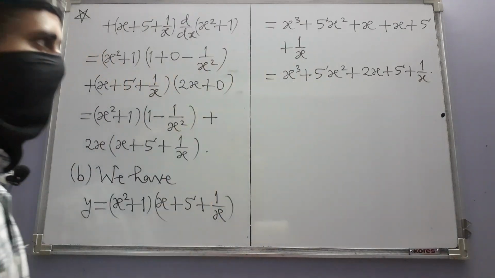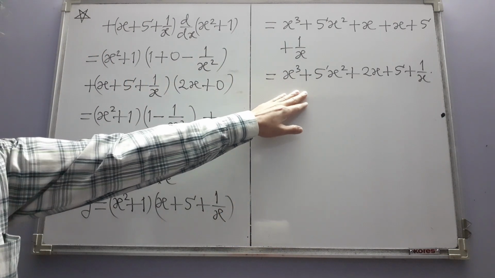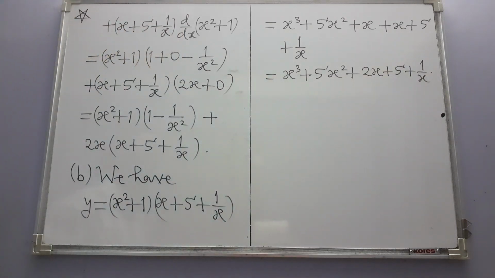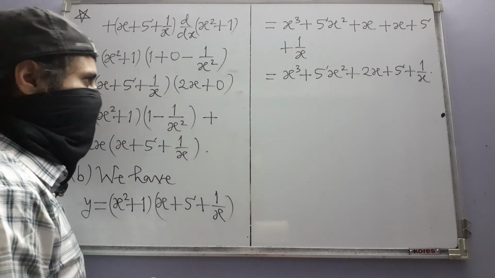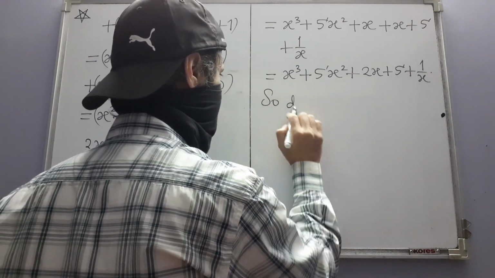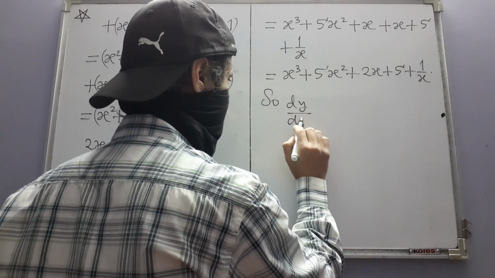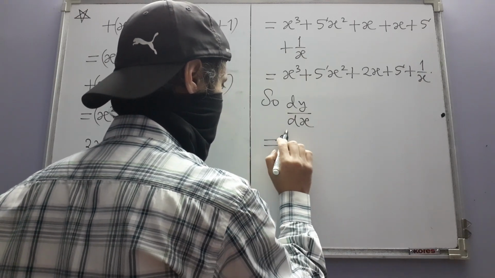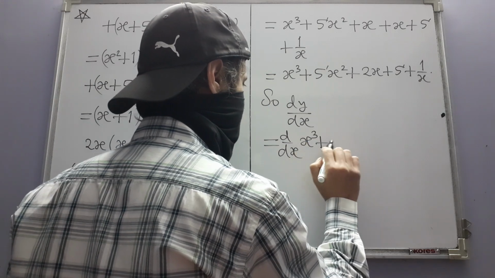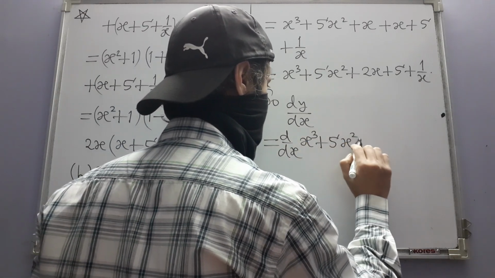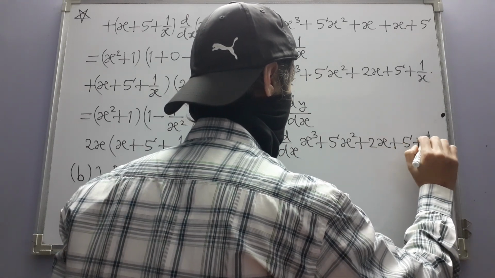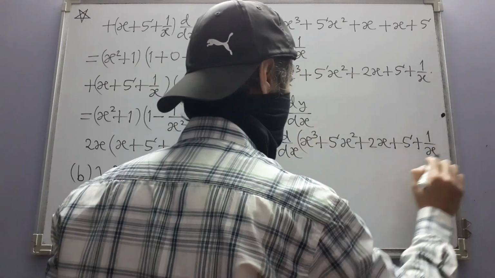Note that this entire thing, although it looks like a polynomial, is not a polynomial due to the presence of that 1 over x. It is a rational function, however. So, x cube plus 5x square plus 2x plus 5 plus 1 divided by x.